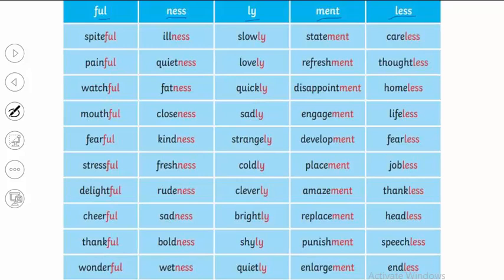If you want to make a new word, you can take some new words with the help of these prefixes and suffixes. Right, so this is very helpful for question number 9, and at the same time for short paragraphs and essays.